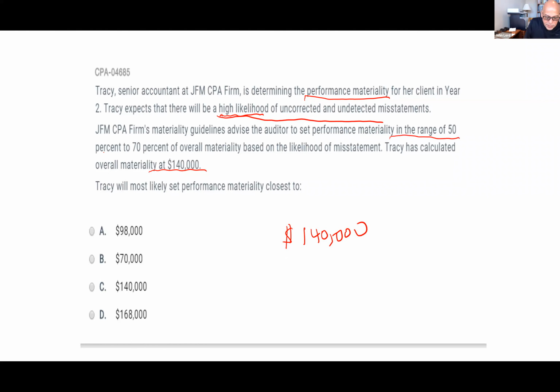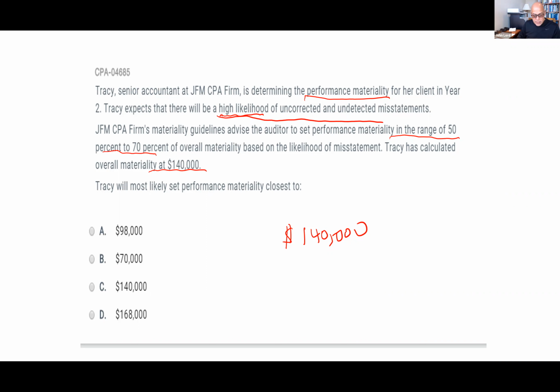But think about it. If you apply a higher percentage, that higher percentage is going to make that materiality level larger, meaning that you're not going to be looking closely at transactions. There are smaller transactions that will fall outside of your scrutiny, right?